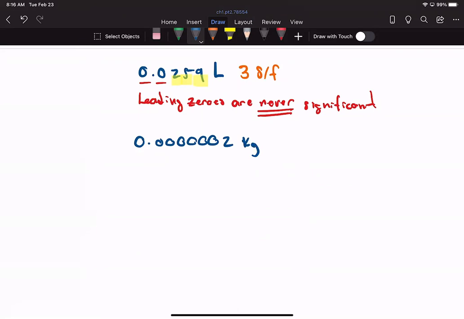Here's my non-zero number. These happen to be leading zeros. I'll do the same thing here. Leading zeros. And I have one significant figure.